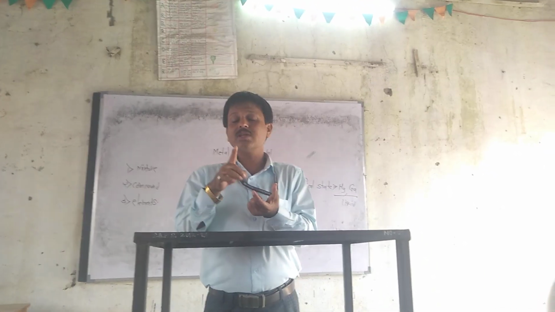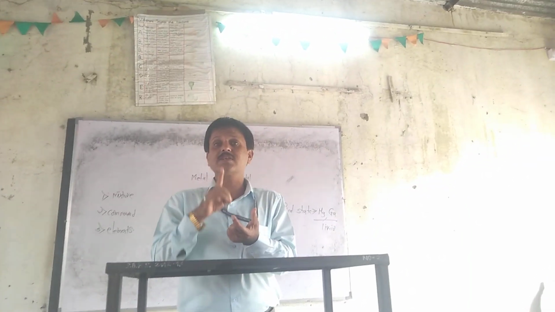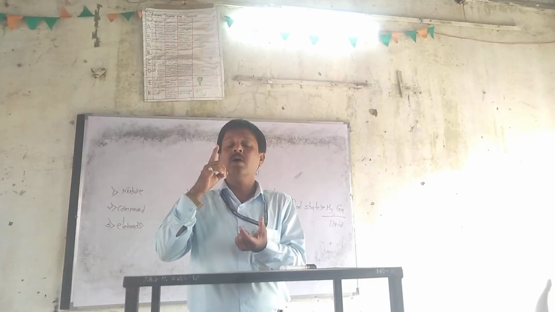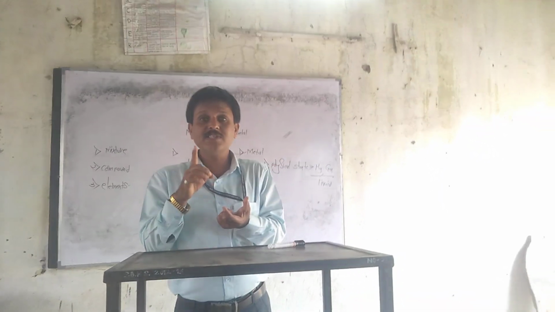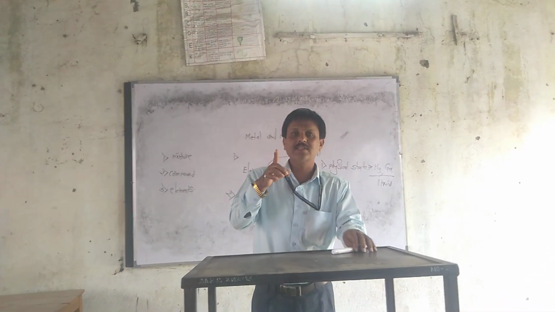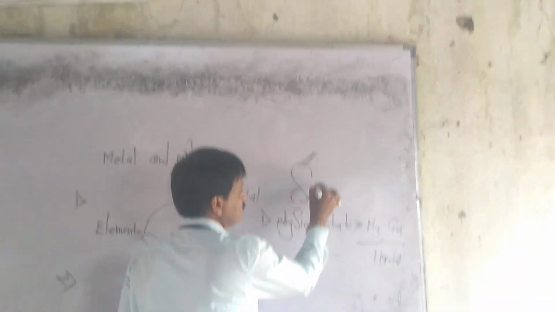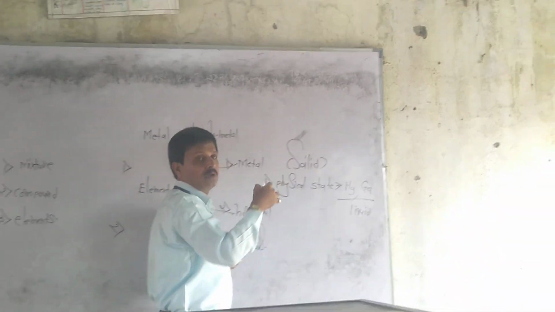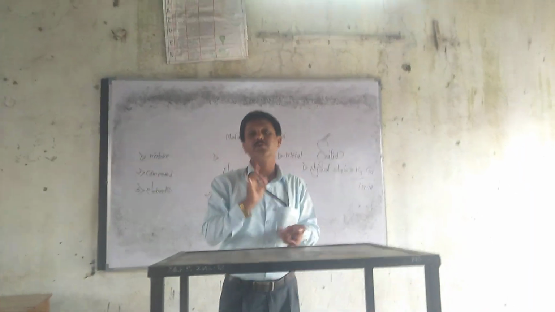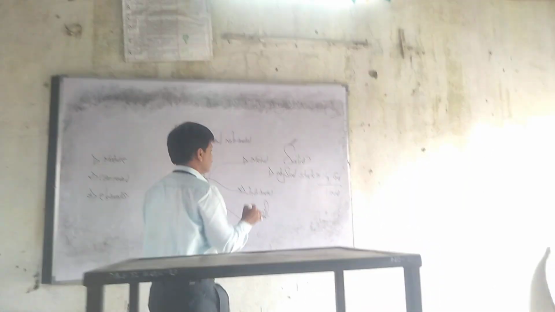That mercury is in the liquid phase, although it belongs to the metal family. That's why, for physical state, the majority of metals occur in solid form, except mercury.